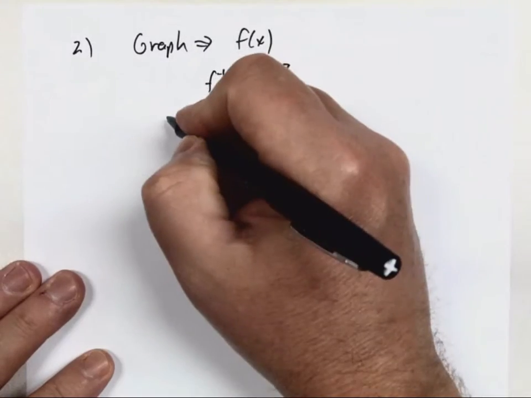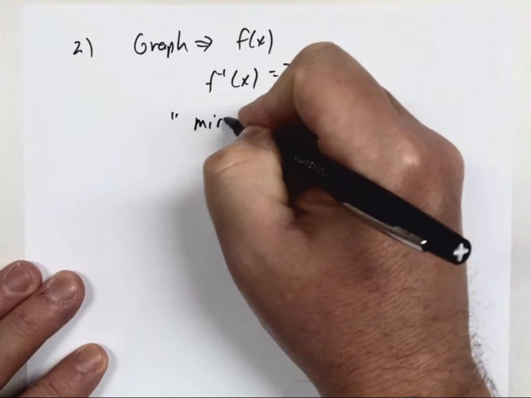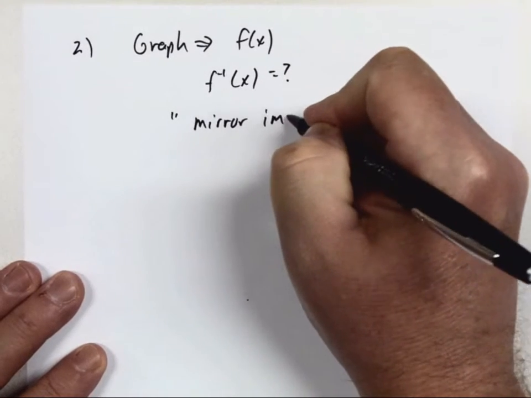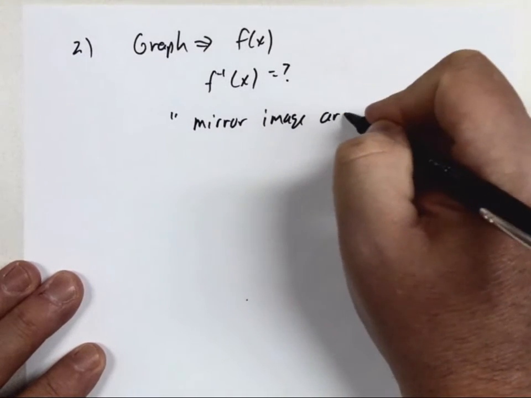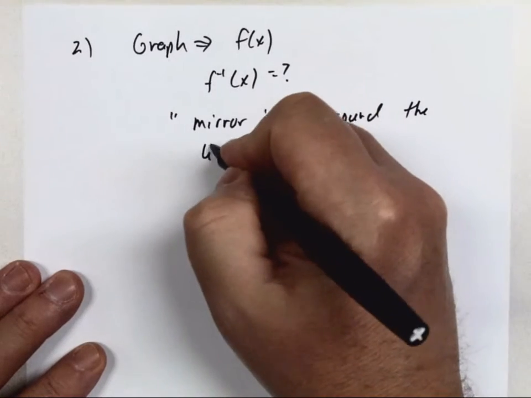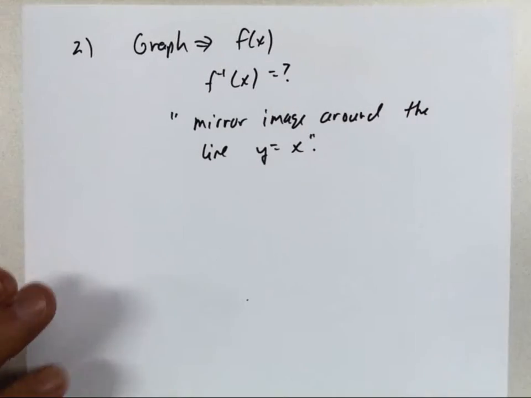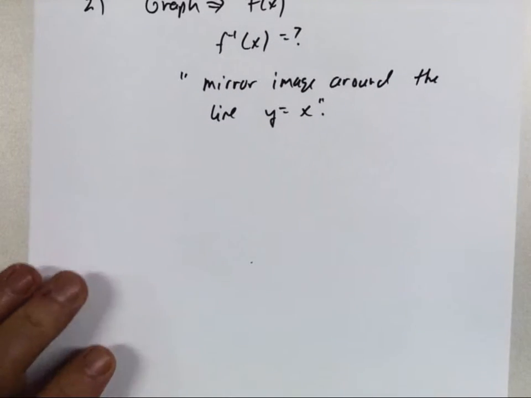And what you do is, let me write it down here, then I'll show it to you. We're going to do a mirror image around the line y equals x. All right. Obviously, that's not going to mean a thing. So let me show you.